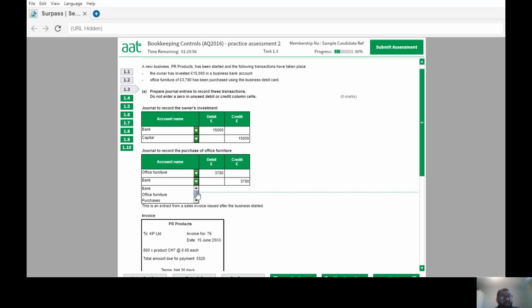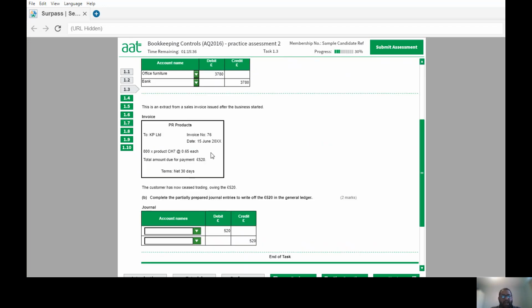Instead of giving the business cash, the owner using his own bank account means it is also recorded as capital, because we have to pay the owner back for the value of the asset he acquired on behalf of the business. So if you get a question like that, think a bit out of the box.